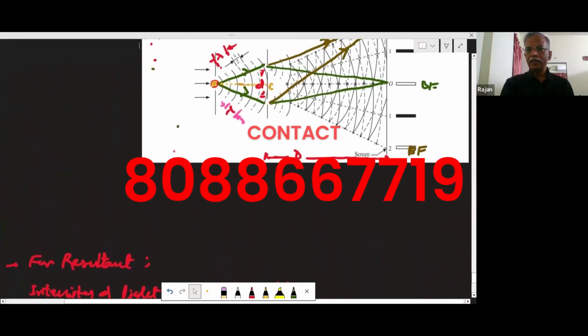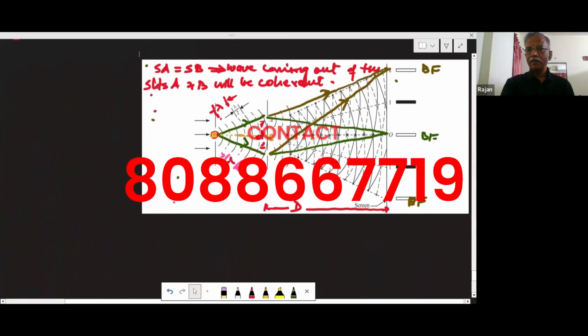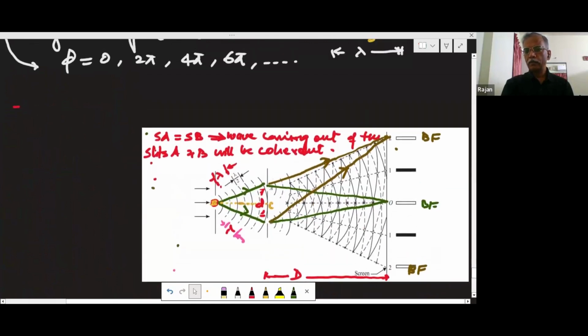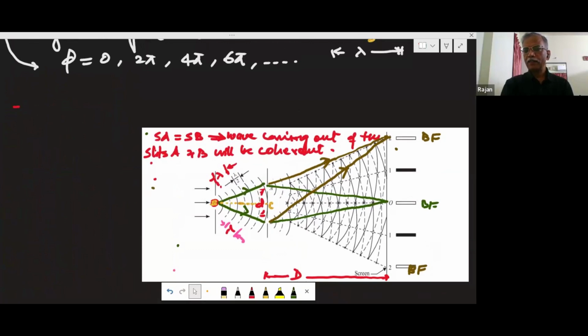The wave which is arriving at point 1, on either side, you will find that the crest of one is coinciding with the trough of the other. These are the points where the crest of y1 is coinciding with the trough of y2.